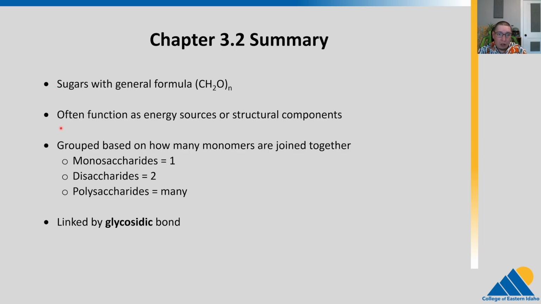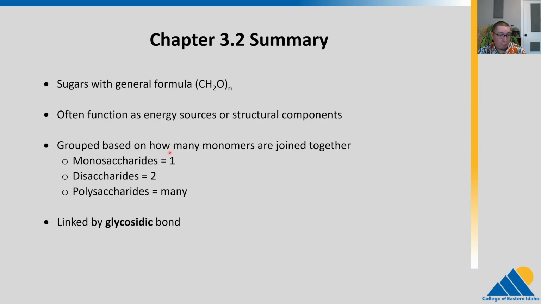They often function as energy storage, but they can also be structural components of the cell, like the cell wall in plants and in fungi. Fungi have a chitinous cell wall. You, as an animal, do not have a cell wall, so you don't use the carbohydrates structurally there, but you do store some.